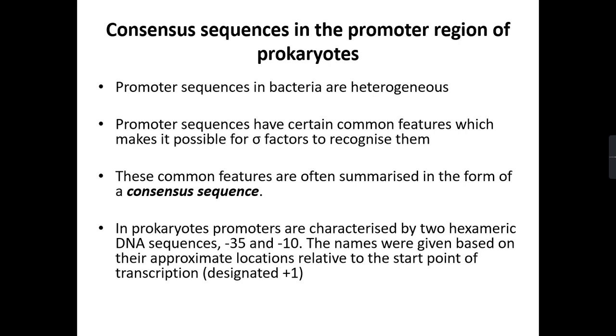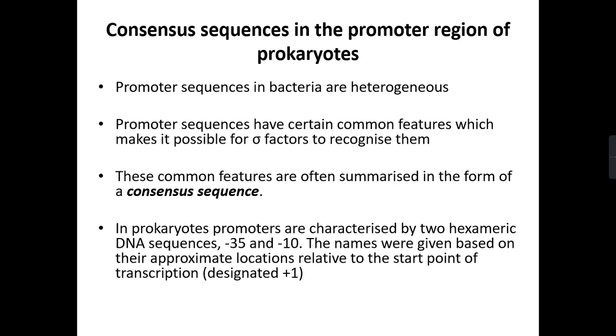Promoter sequences have certain common features, which make it possible for the sigma factor to recognize them, and you will get to know those features very soon. These common features are often summarized in the form of a consensus sequence, as I've told you earlier.